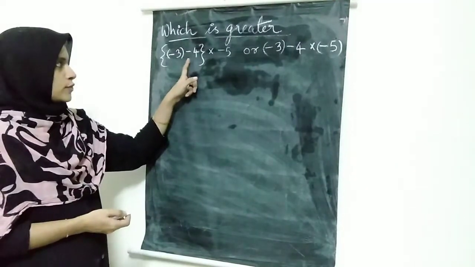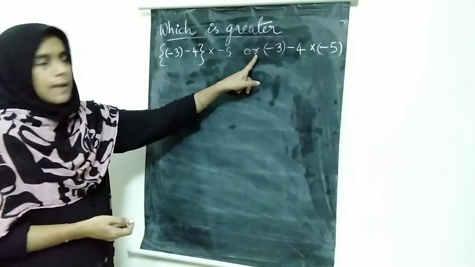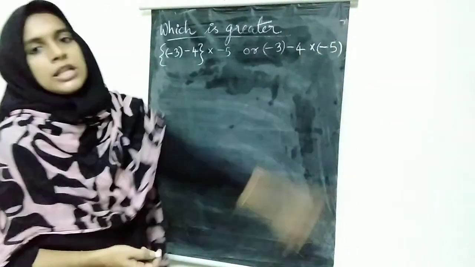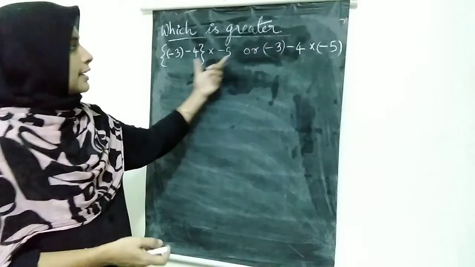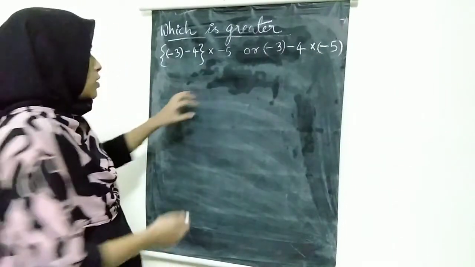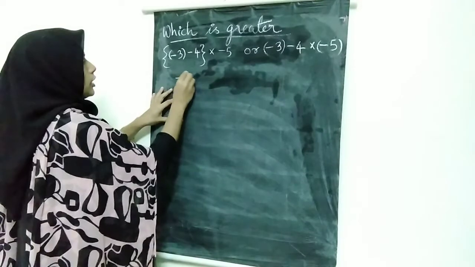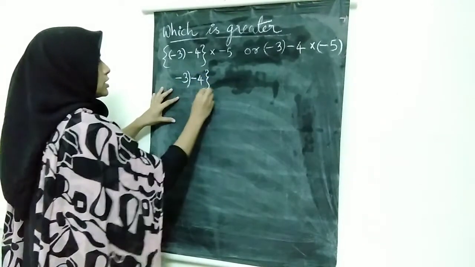{-3 + (-4)} into (-5) or -3 + (-4 into -5). Which is greater? The question is, is this one greater or this one greater. Okay. So here first you can take the first part of the question. Rewrite that question.